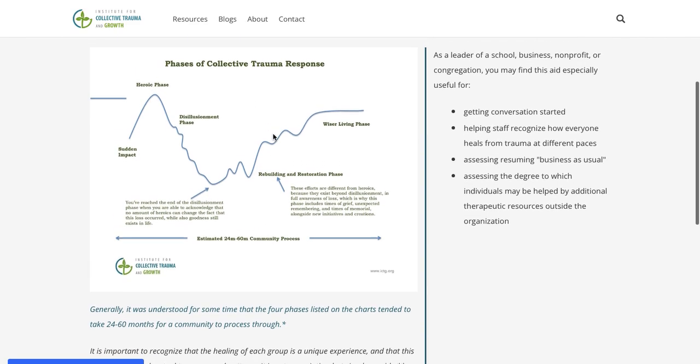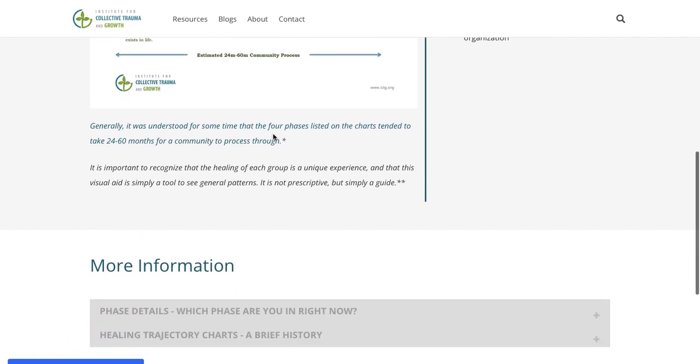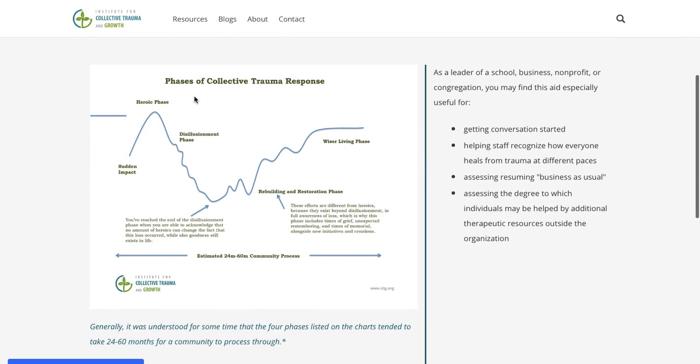This comes from the ICTG, the Institute for Collective Trauma and Growth. You can see that it's eerily similar to a buy scenario in the market, right?